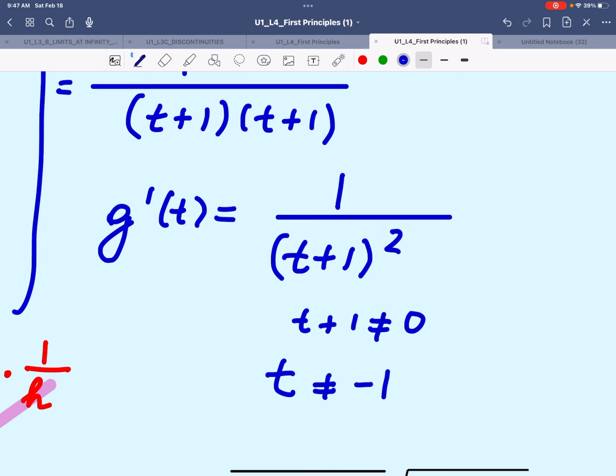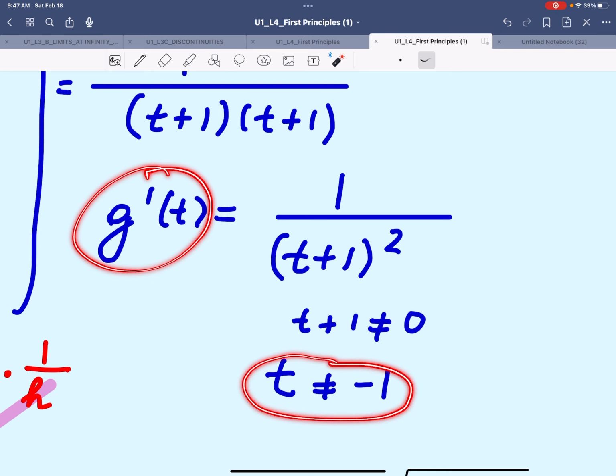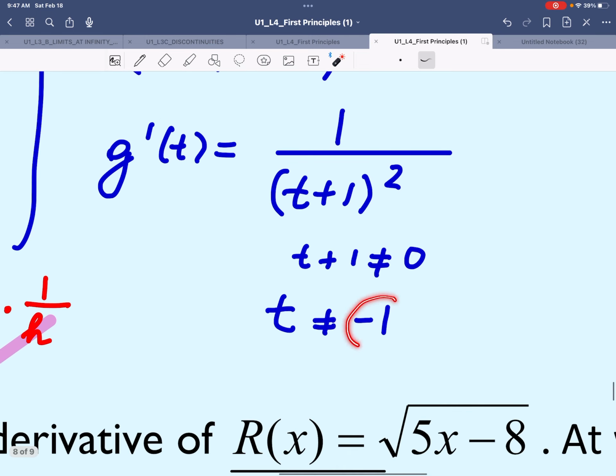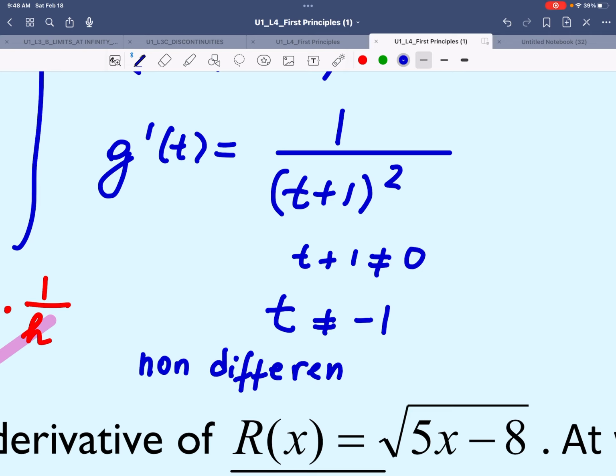What that means is that g prime is undefined at t equals negative 1, because substituting negative 1 into the derivative equation will give it an undefined value. So therefore, we're going to say that this function is non-differentiable, or we cannot find the value of the derivative at t equals negative 1.